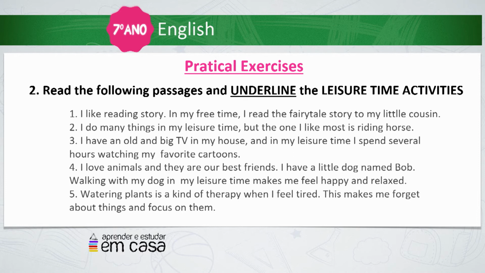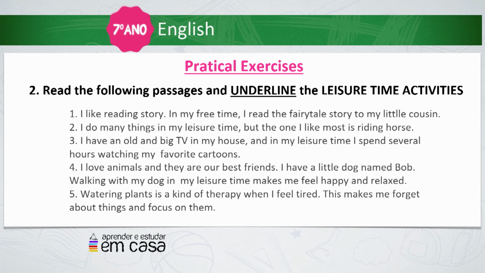Number two, I do many things in my leisure time, but the one I like most is riding horses. Number three, I have an old and big TV in my house, and in my leisure time, I spend several hours watching my favorite cartoons. Number four, I love animals, and they are our best friends.